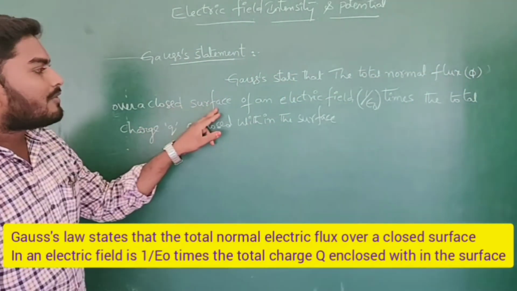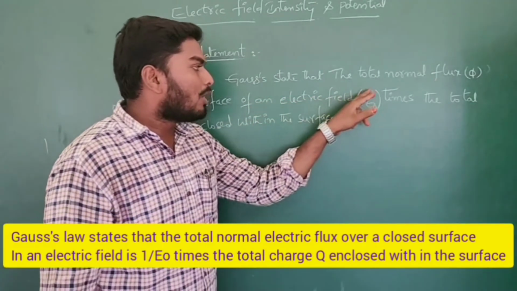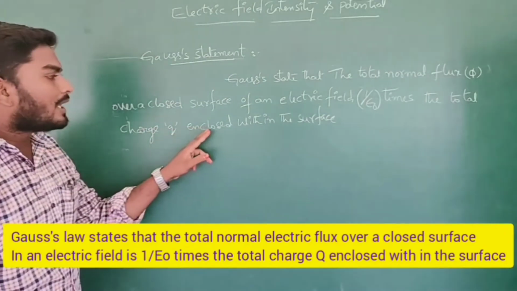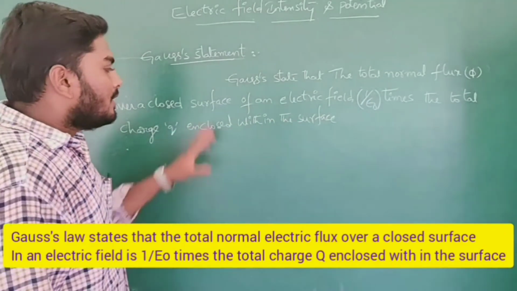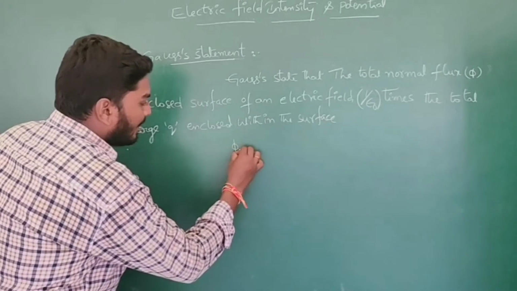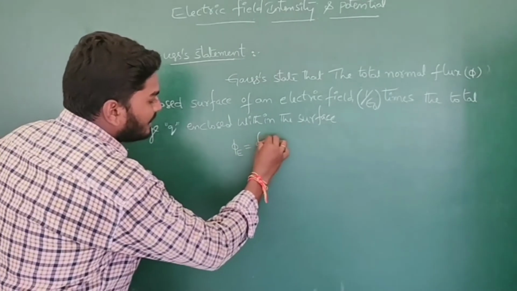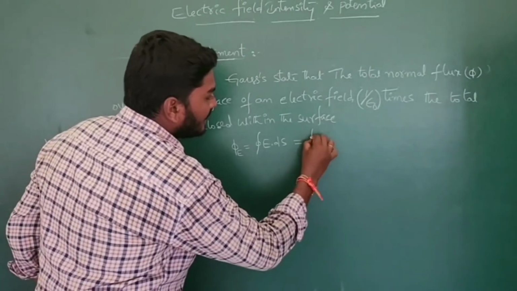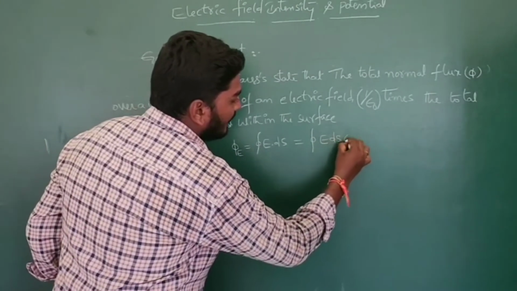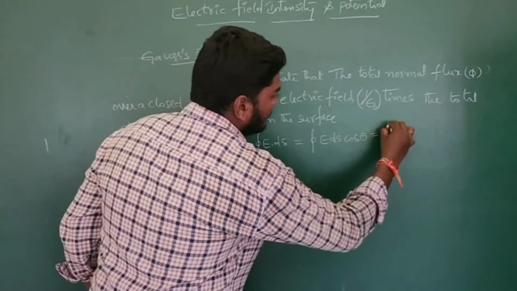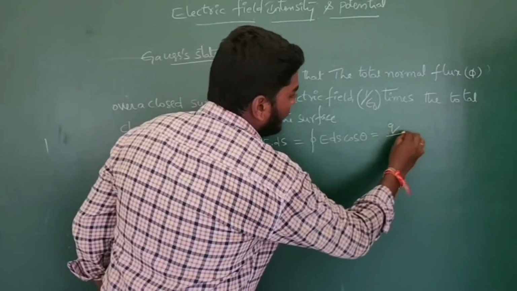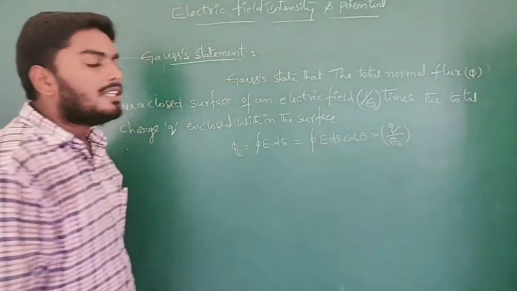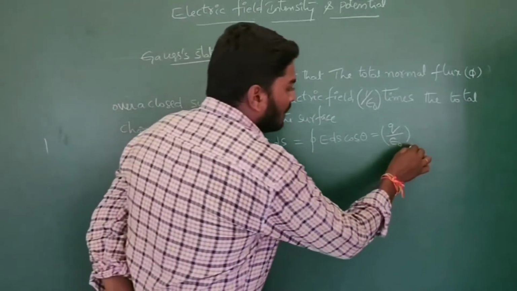Mathematically, flux phi E equals the surface integral of E dot ds equals the surface integral of E ds cos theta equals Q by epsilon naught.